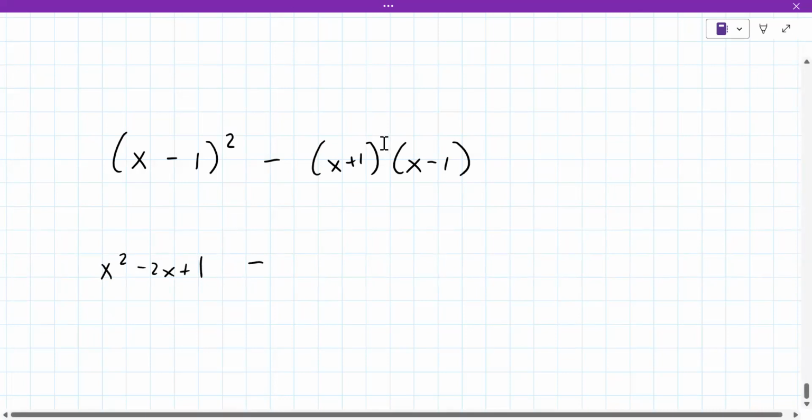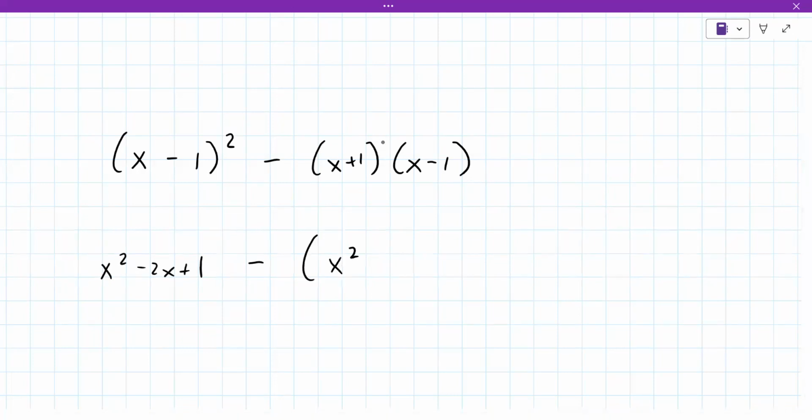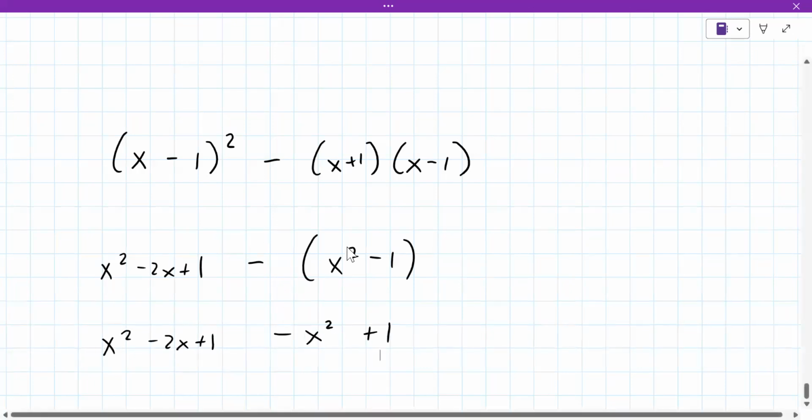Okay, so it becomes... Do you have a final answer for me on this? It would be x squared. Right, you're distributing the negative to both of these, so it becomes minus x squared plus 1.